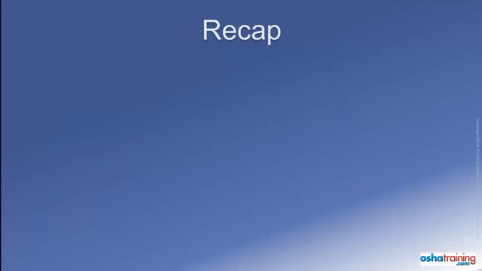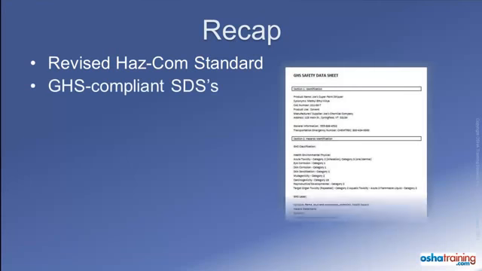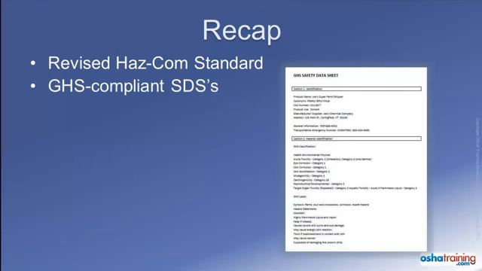So in review, the revised OSHA Hazard Communication Standard, which has the goal of making sure employees understand what hazardous chemicals and products are in the workplace and how to work safely with and around those items, requires GHS compliant safety data sheets be developed and provided for all hazardous chemicals and products.